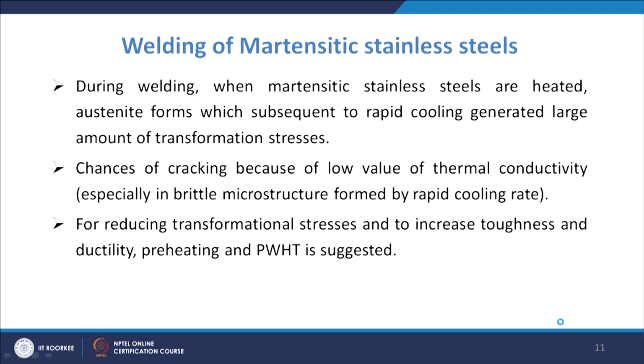For post weld heating you go to about 750 degrees centigrade, hold there for about 1 hour per 25 mm of section thickness, and then cool slowly at the rate of 10 degrees C per hour, up to close to 600 degrees centigrade, and then cool in air. That kind of post weld heat treatment is done in these cases.